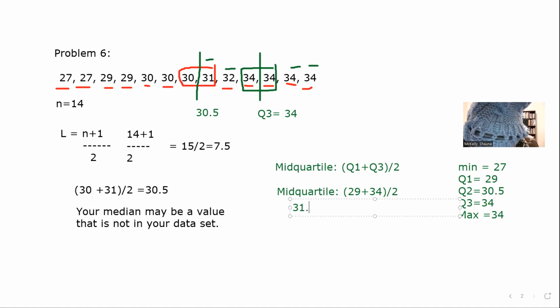Okay, 31.5. Now, your mid quartile is 31 and a half. Your median, remember Q2, was 30 and a half. So your median is 30 and a half. Okay, so it's over to the right.